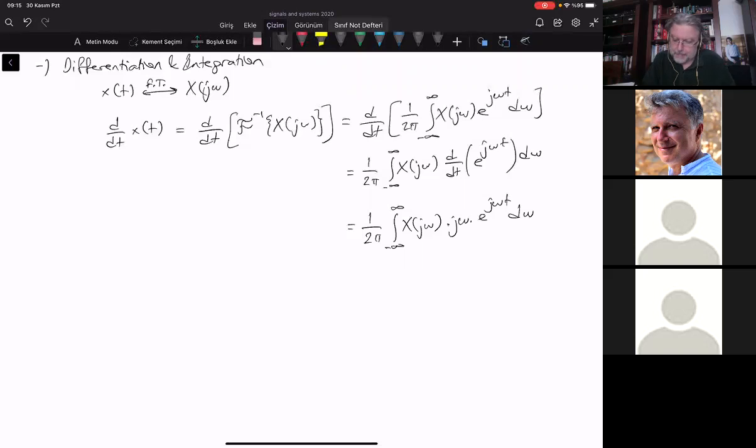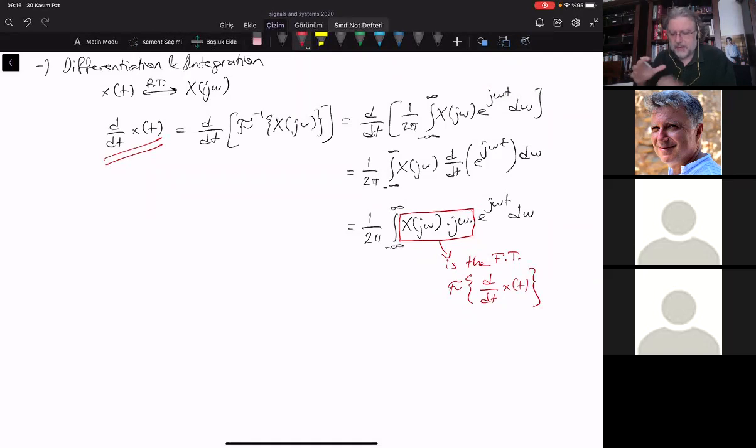And that makes this portion correspond to the Fourier transform of our new term. What term is it? It is the time derivative of x of t.